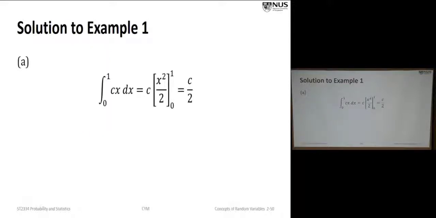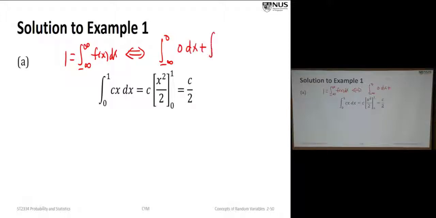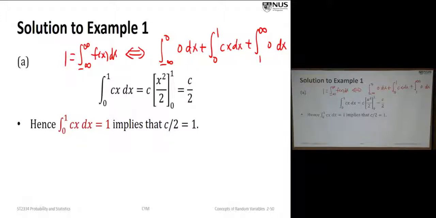First of all, it's supposed to be the integral from minus infinity to infinity of f of x dx. This is my equation. I want to solve this equation. In this equation, it involves the c. This is equivalent to the integral from minus infinity to 0 of 0 dx, plus the integral from 0 to 1 of cx dx, plus the integral from 1 to infinity of 0 dx. All right? So I want this to be 1.